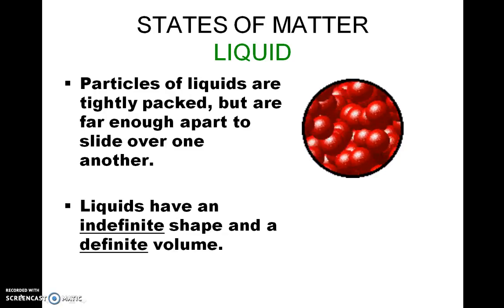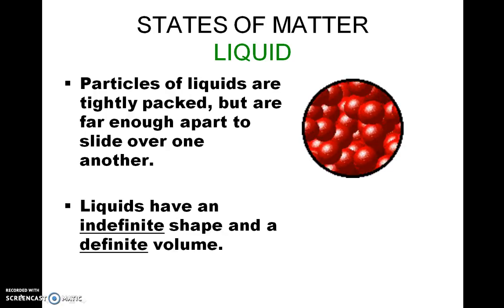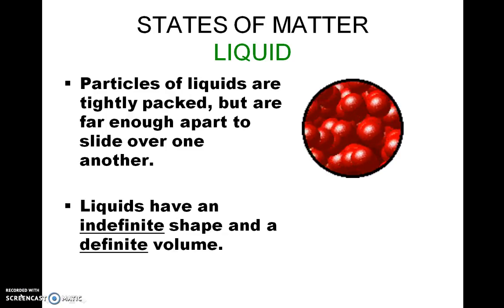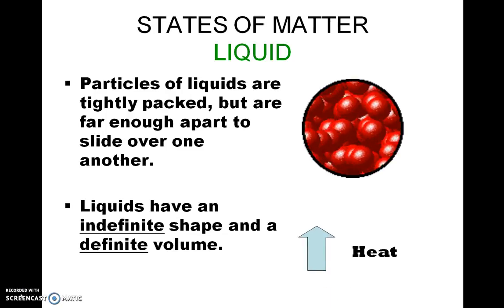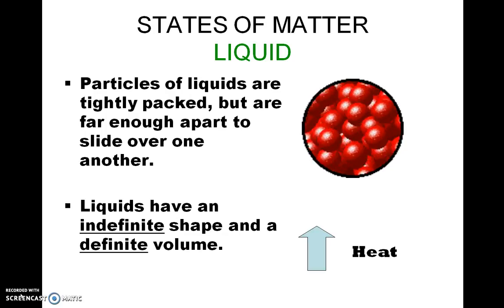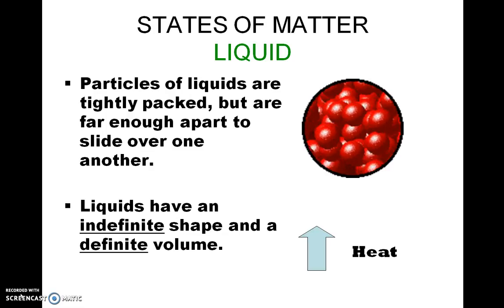The indefinite shape of liquid causes it to take the shape of a solid if you put it in one. But it has definite volume, so it is limited to the particular amount given to it. Still, heat goes up with liquid. So if you heat a liquid, it will boil. Some liquids have higher boiling points than others, but that is for another topic.